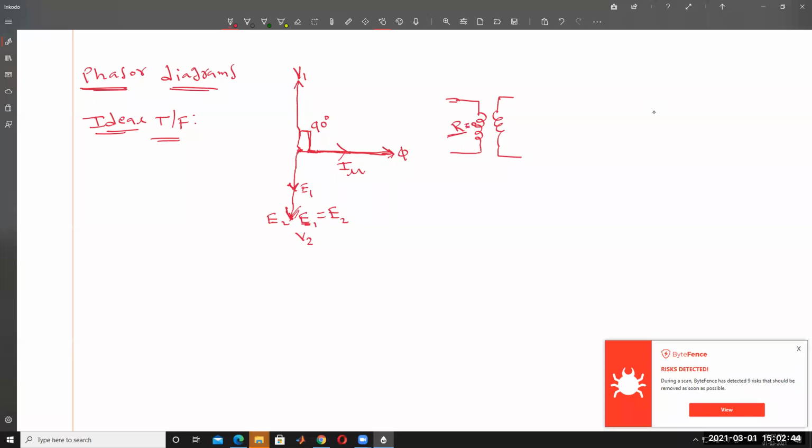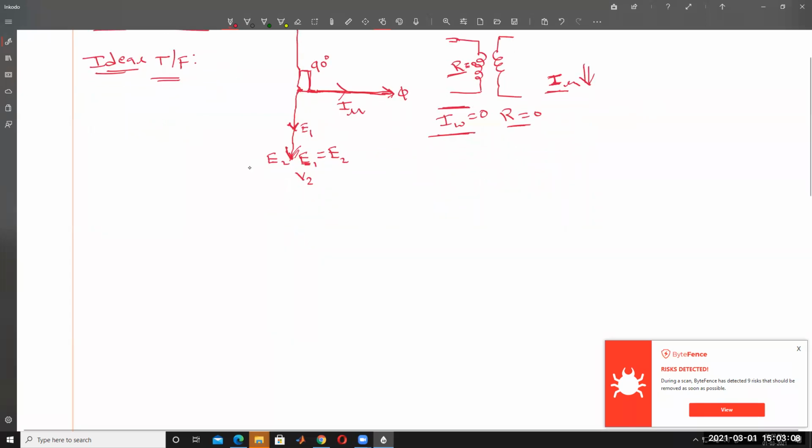That's why the wattful component is equal to 0. The current drawn from the supply is ideally equal to 0 because of the winding resistance. The magnetizing component I mu is also very small in an ideal transformer.